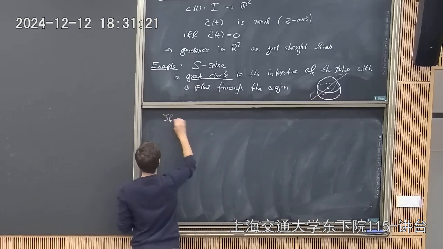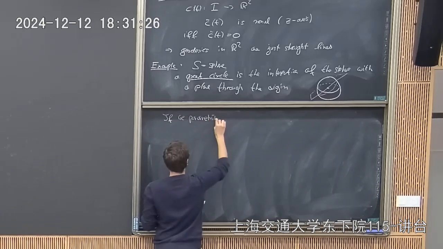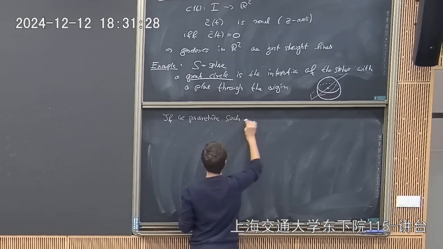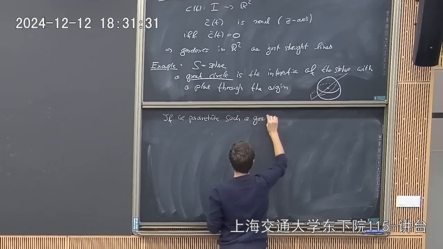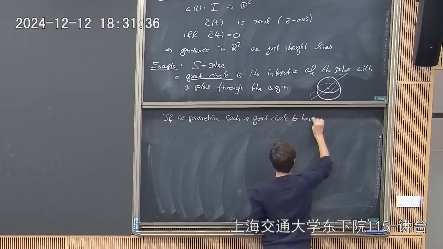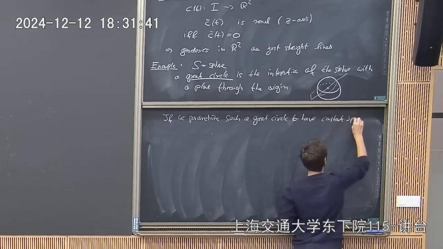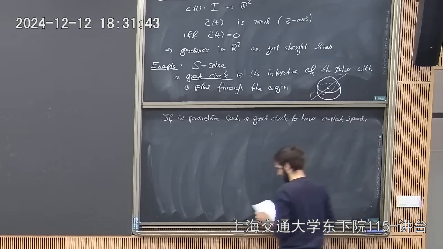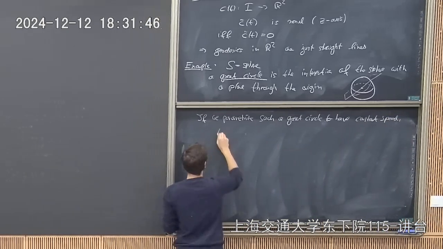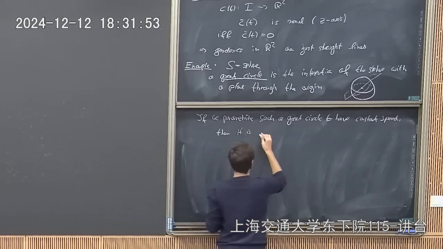If we parameterize such a great circle to have constant speed, then it is a geodesic.